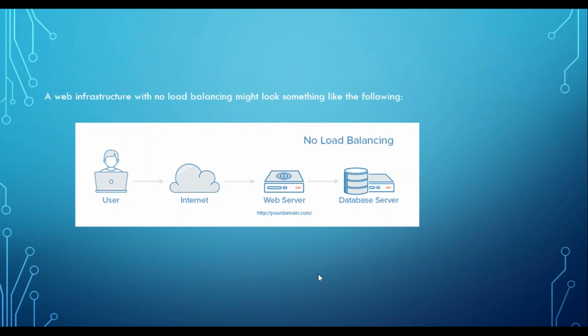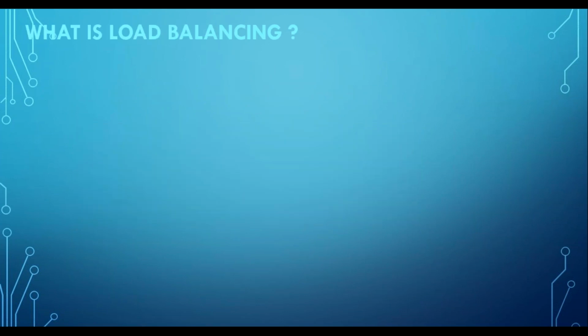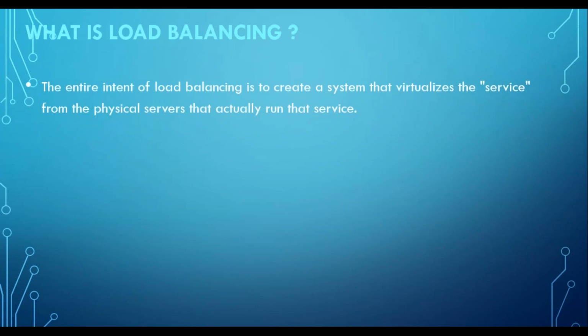Let us try to understand what exactly is load balancing. It is the entire intent to create a virtualized service, and we separate the services which are actually hosted on the backend servers.